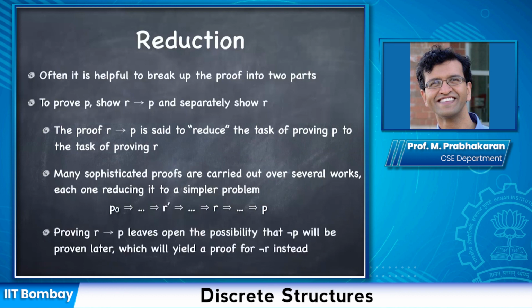Okay. Now, when somebody proves R implies P, they're not really conjecturing that R is true. They're only saying that if R is true, P is true.